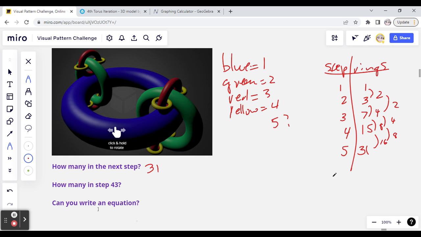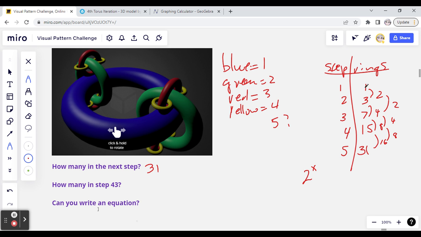If it's doubling, it means it's 2 to the x power, and that's sort of our starting point for the equation. This isn't going to work for us, though, at least not exactly as it is, because 2 to the first power, if you plug in 1 for x, would be 2. 2 to the second power would be 4, and we've got a 3 there. 2 to the third power would be 8, and we've got a 7.